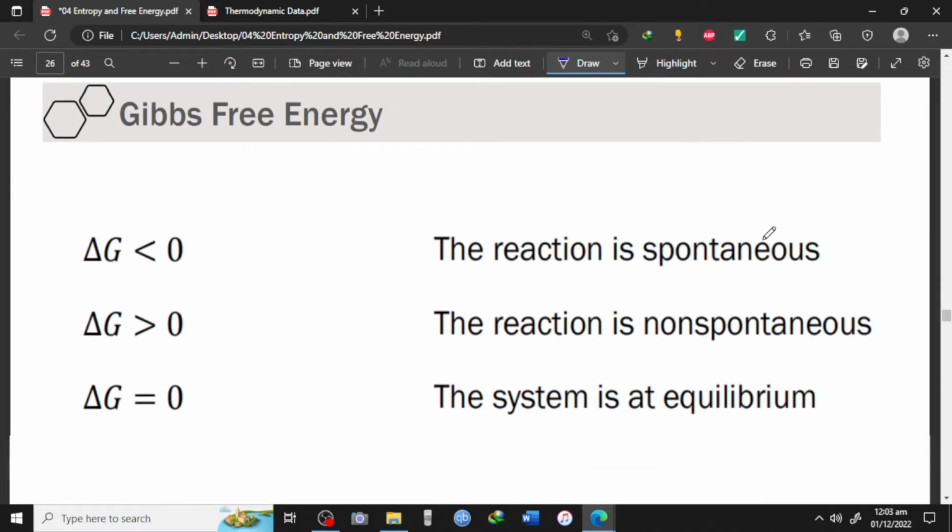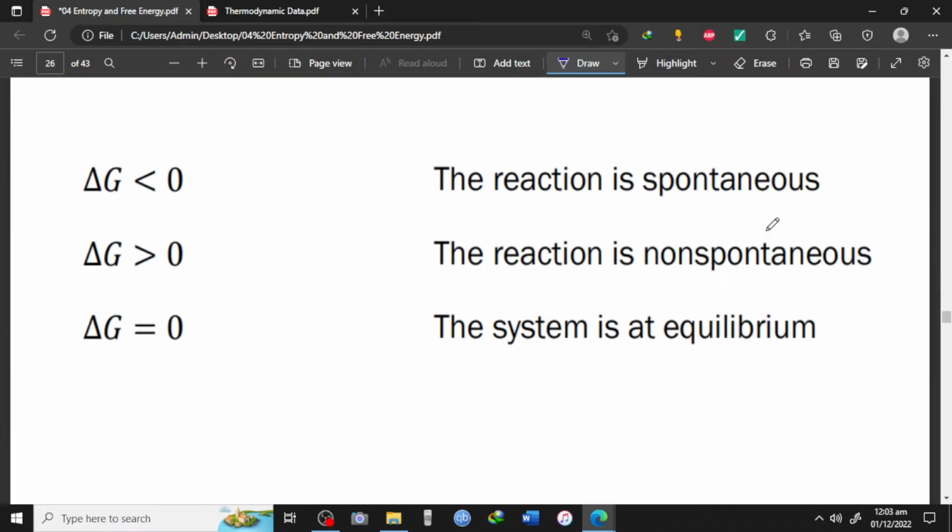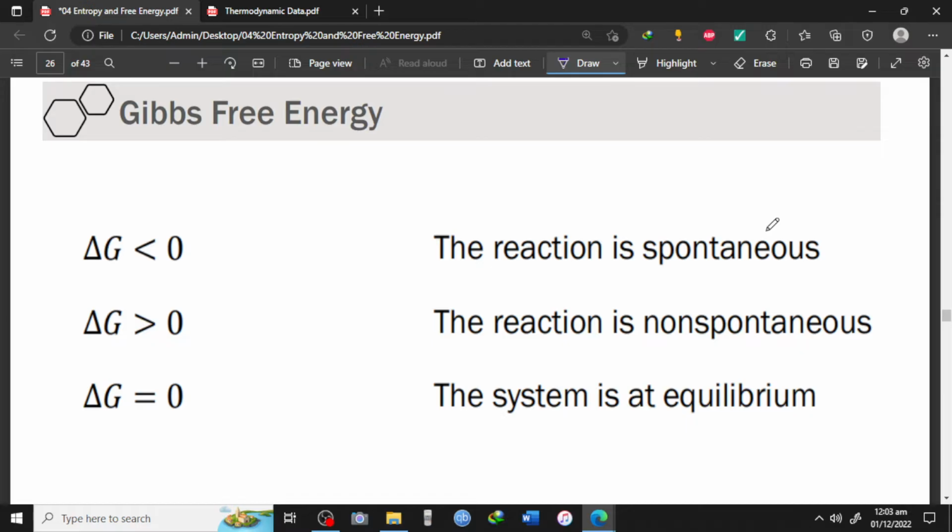Okay. So let's look at this. It says here, if delta G is less than 0, the reaction is spontaneous. So this sign should be negative. For this part, if delta G is greater than 0, then technically that is a non-spontaneous process. Okay? And of course, if delta G is equal to 0, it is at equilibrium.